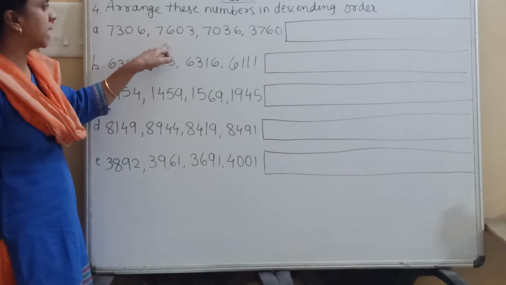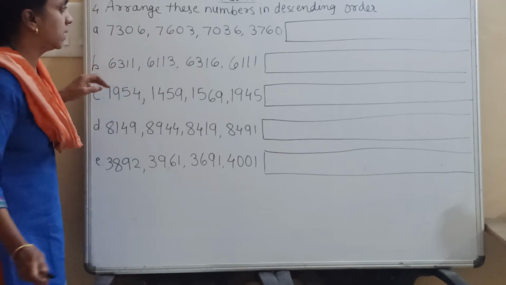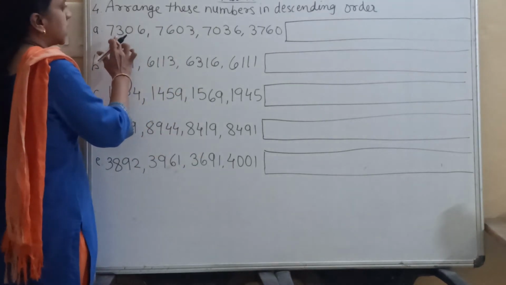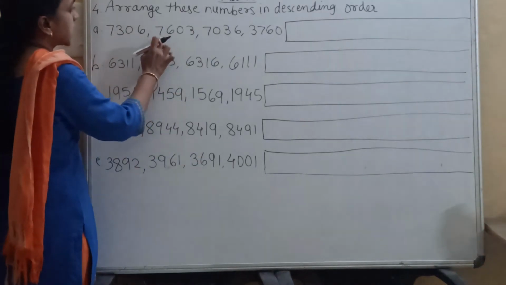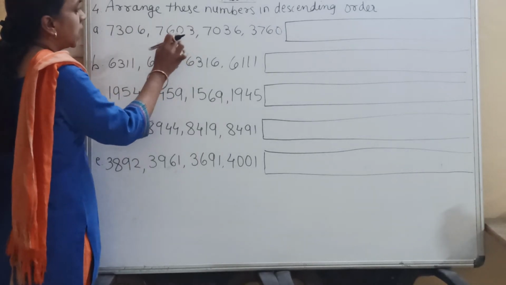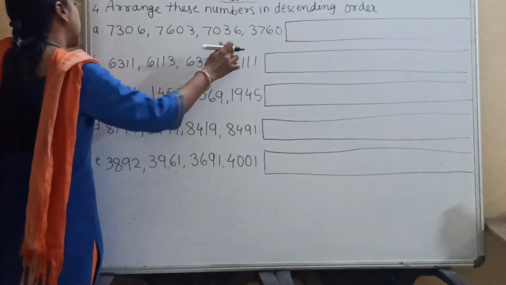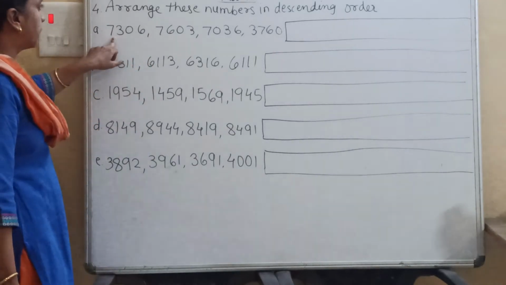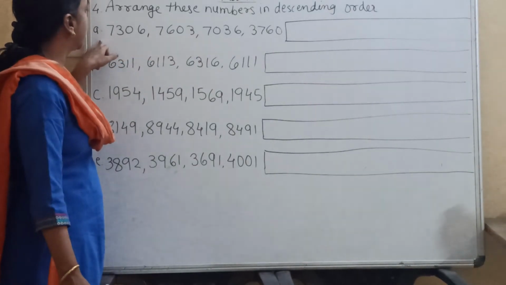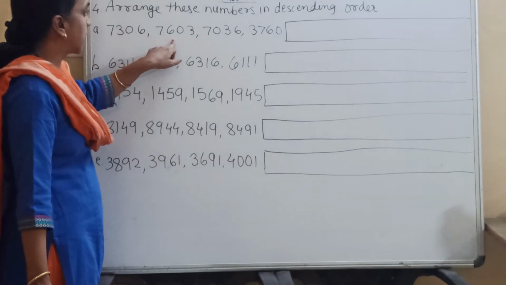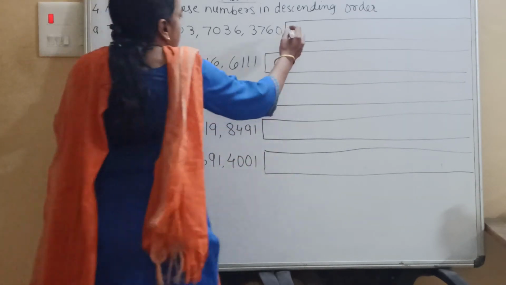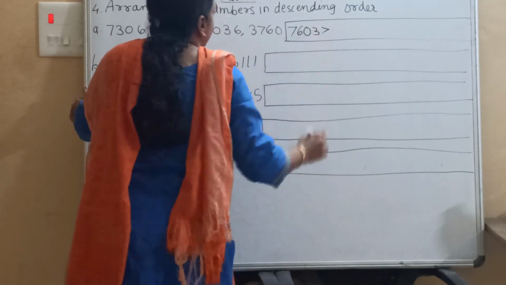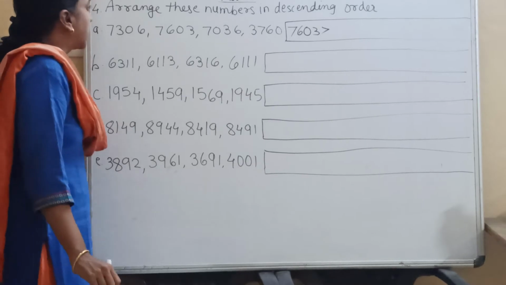So among these four numbers, 7306, 7603, 7036, 3760, which number is bigger? The bigger number is 7603. So write down 7603. Then give the greater than sign here.